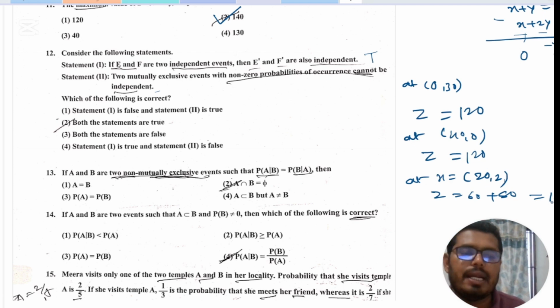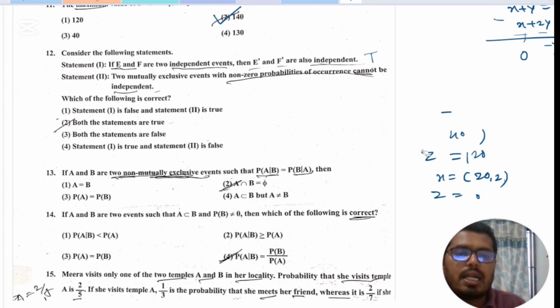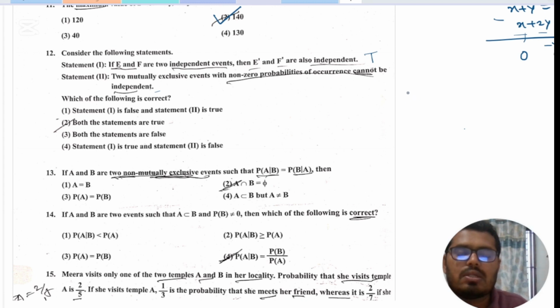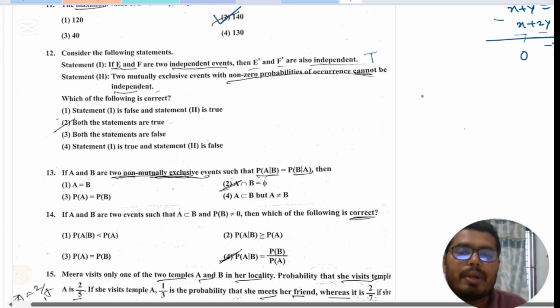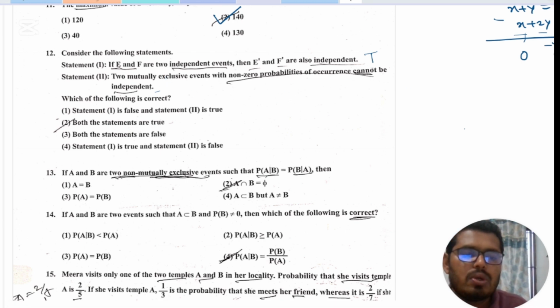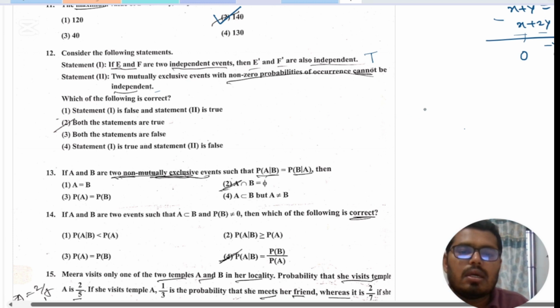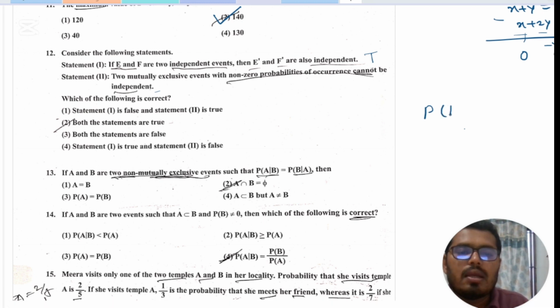Two mutually exclusive events with non-zero probabilities of occurrence cannot be independent. Suppose these are independent, non-zero is there, that's why mutually exclusive events are there. Suppose they are independent, then P of E intersection F is P of E into P of F, and they are mutually exclusive events.